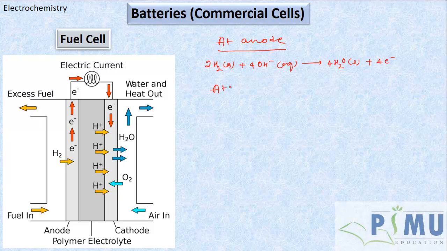At cathode, O2 gas plus 2H2O liquid plus 4 electrons gives 4OH-.